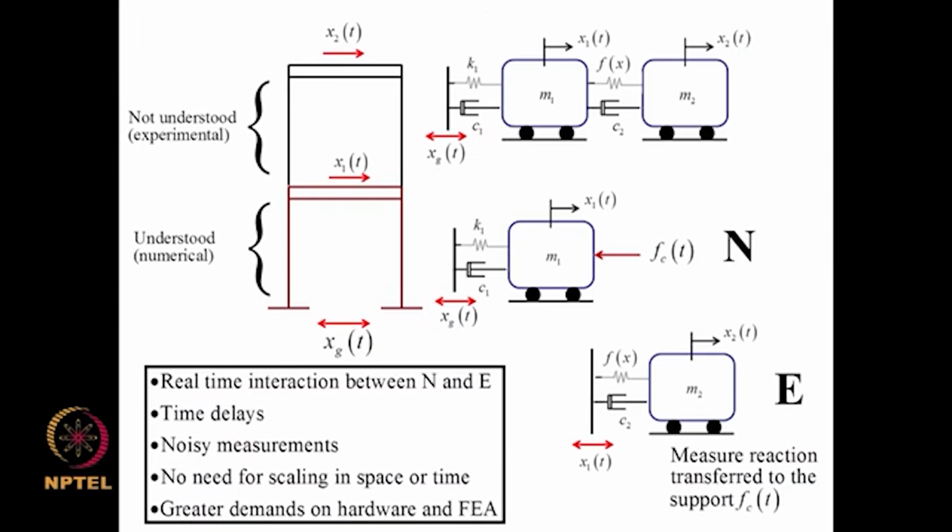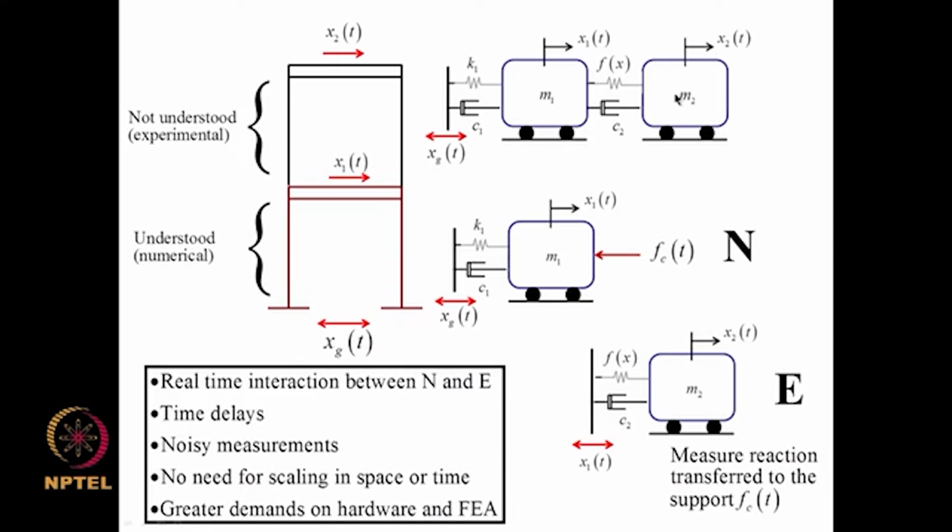Another testing procedure is real time substructuring that can conceptually be explained like this. Suppose we have a 2-story frame, we assume that the behavior of part of the structure is understood well and a computational model is adequate for that. The remaining part has to be experimentally tested. Suppose we make a finite element model or a simple dynamic model, this will be a 2 degree of freedom system say.